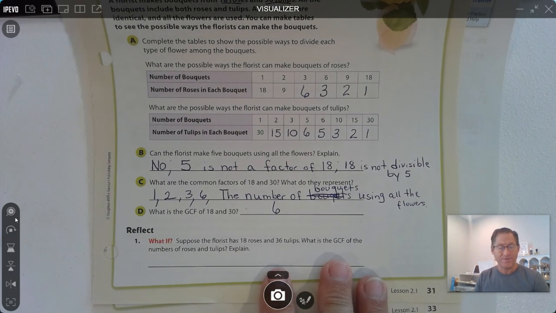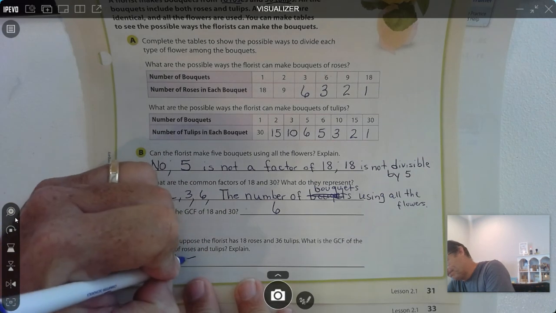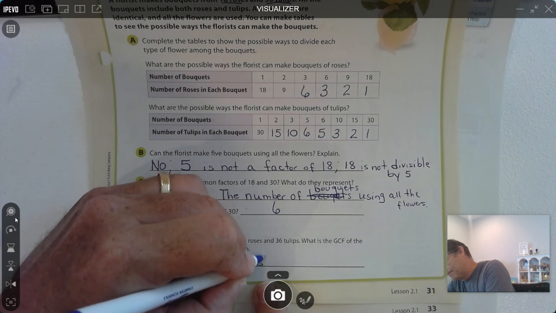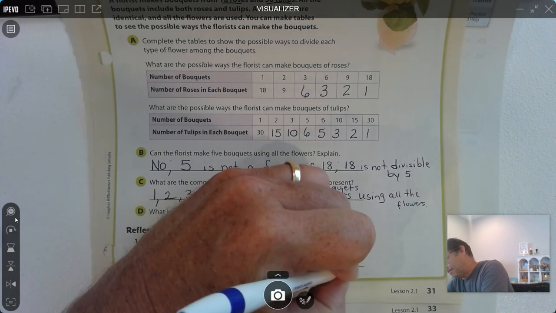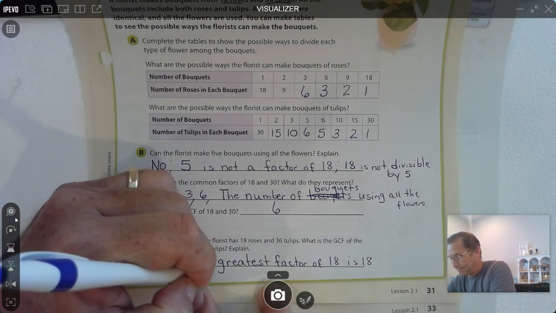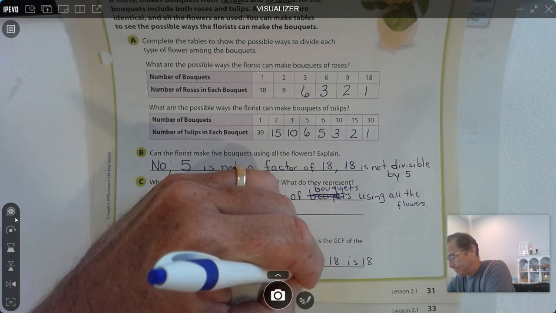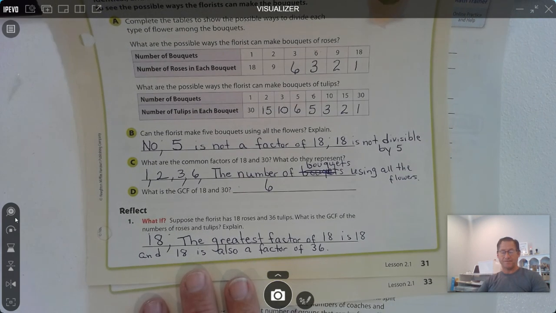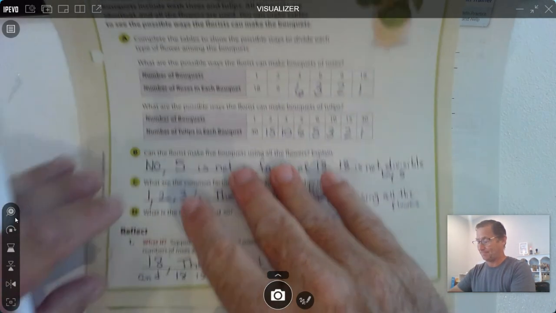So the greatest common factor would be 18. All right, let's move on.